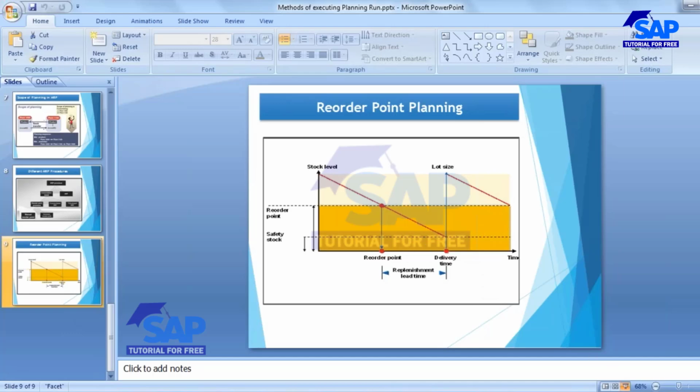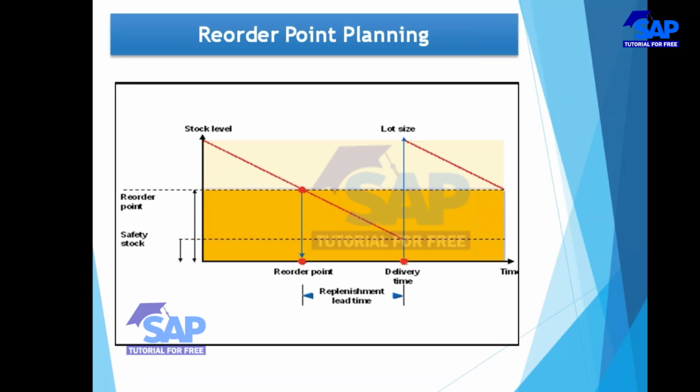In the reorder point planning, you define a stock level, a reorder level. If your stock falls below this reorder point, then the system will generate the procurement proposal.